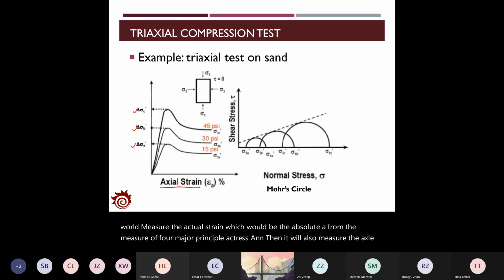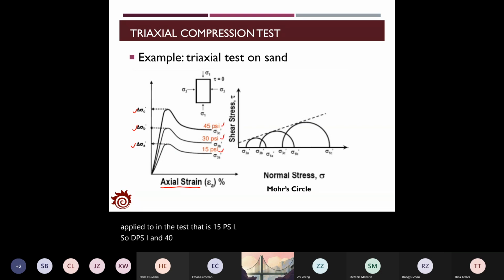We'll have 3 different confining pressures applied in the test. That is 15 psi, 30 psi, and 45 psi. These three curves show the results from the three confining stresses.